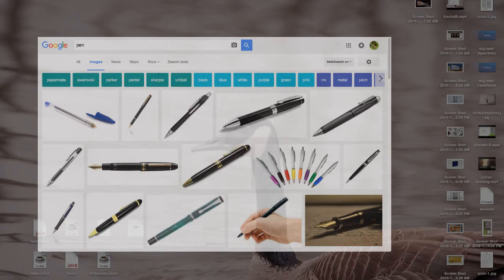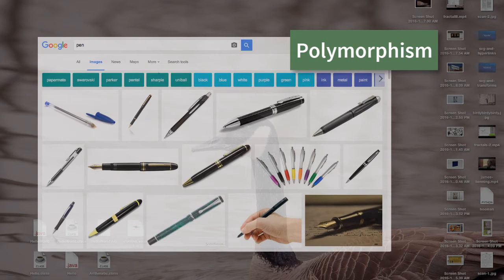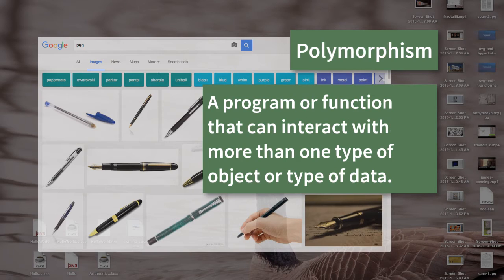This also gets into the idea of polymorphism. The idea of polymorphism is that you can interact with the object without needing to know all of its specifics. Whether I hand you an expensive pen or a cheap pen, and if I don't have a pen and I hand you a mechanical pencil or a regular pencil, you can write with those too.